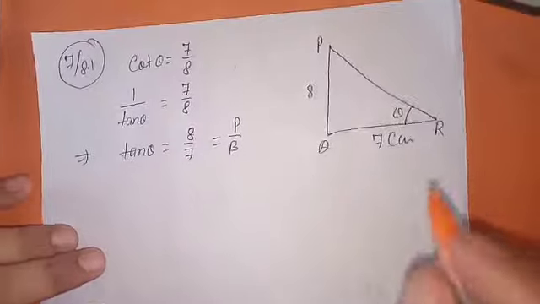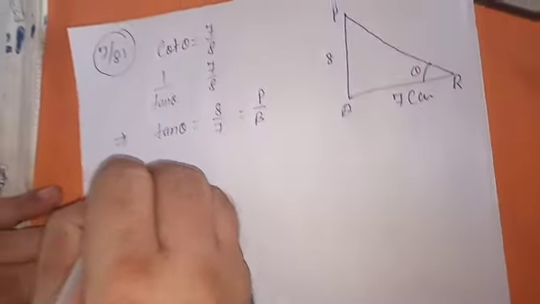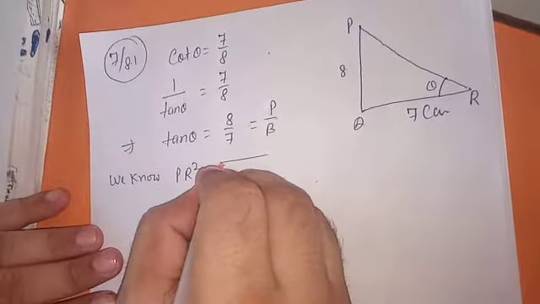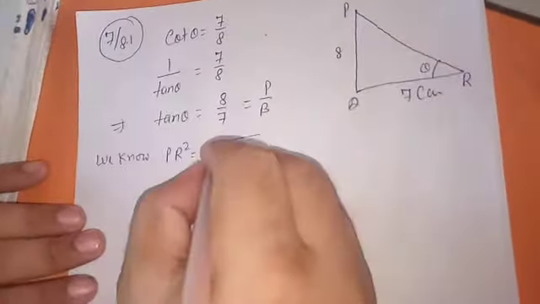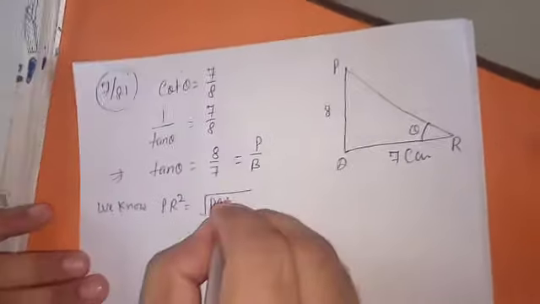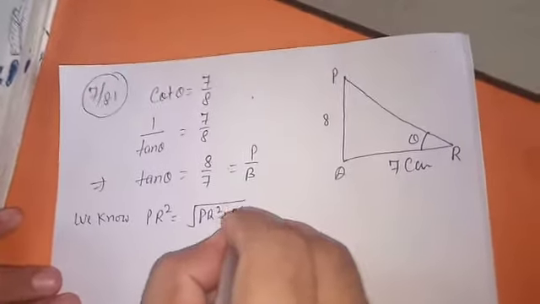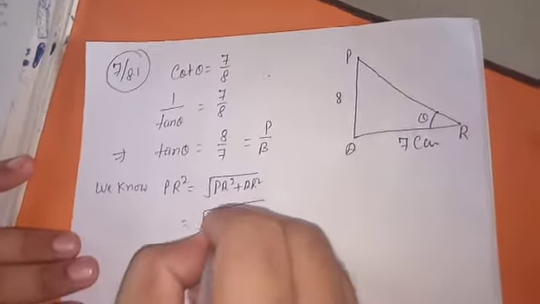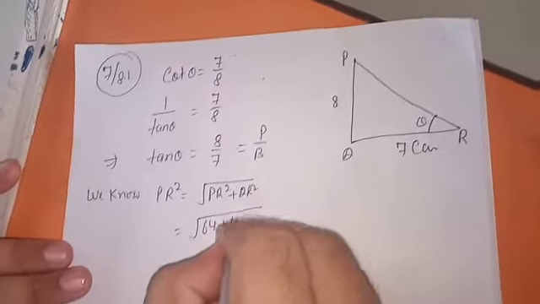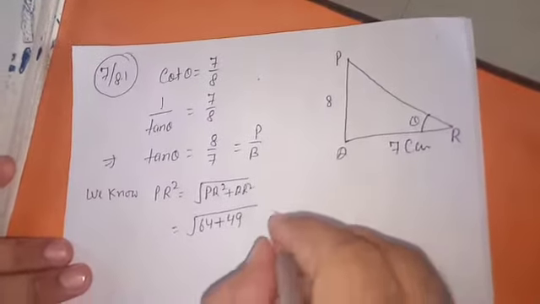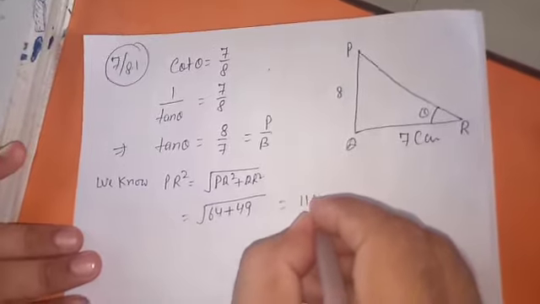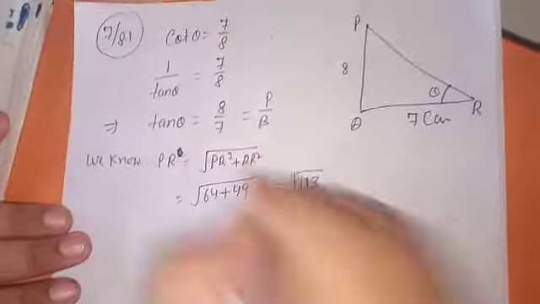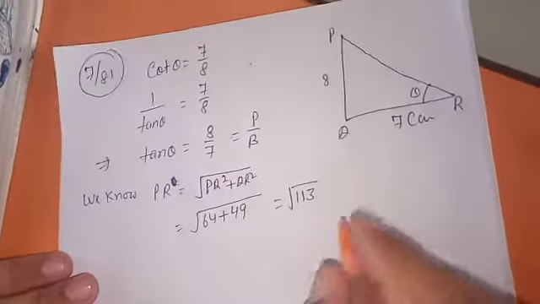So find out this. We know PR square is equal to PQ square plus QR square, so it is 64 plus 49, which is 113. Now you can find out the rest.